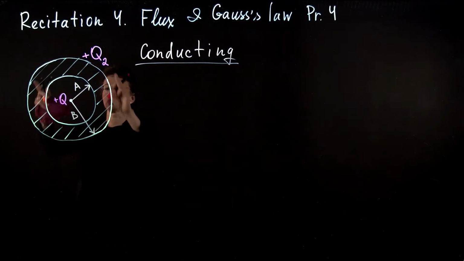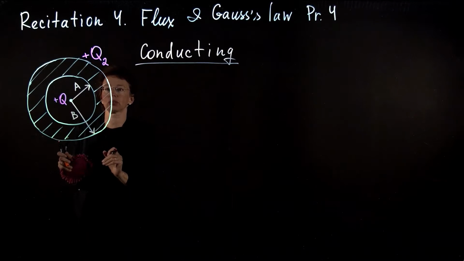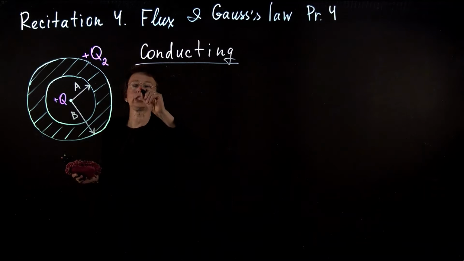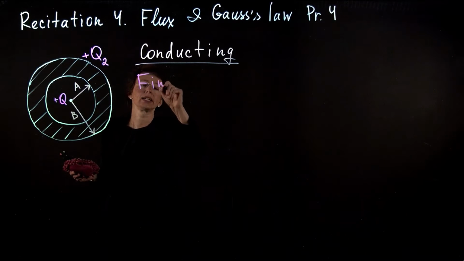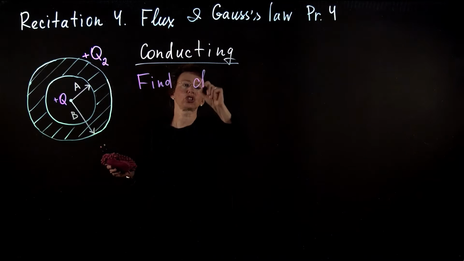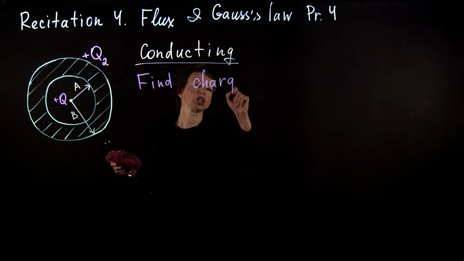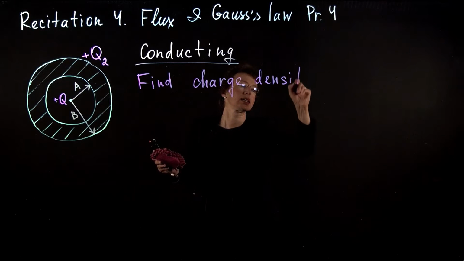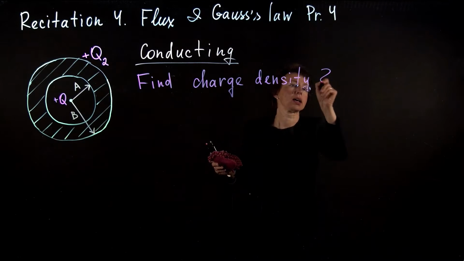So plus Q2 is on the outside surface of this conducting spherical shell. We need to find the charge density sigma everywhere.